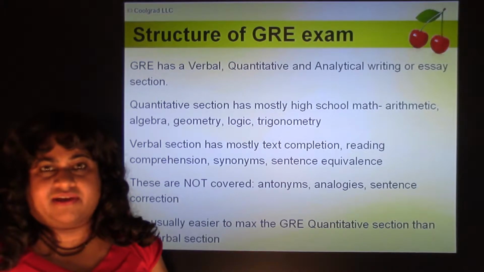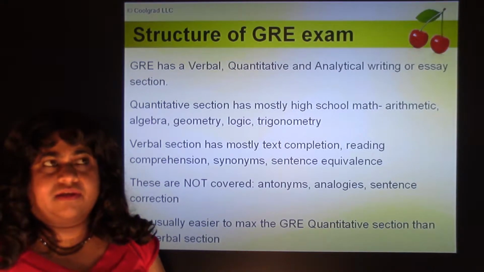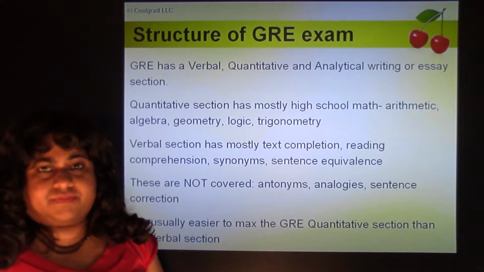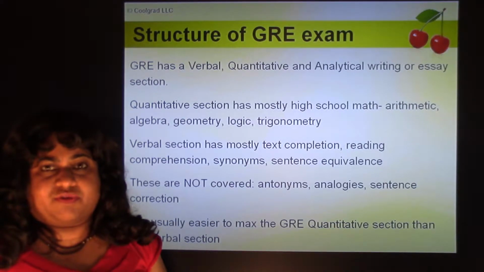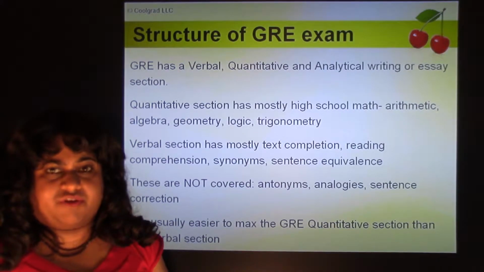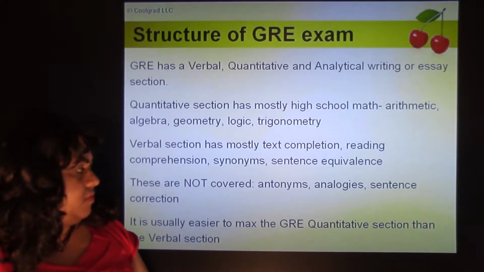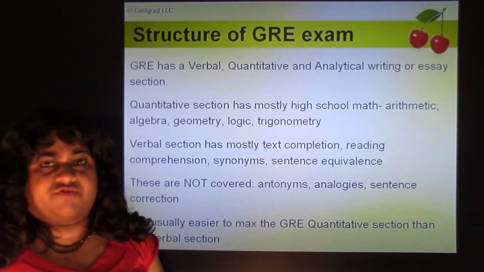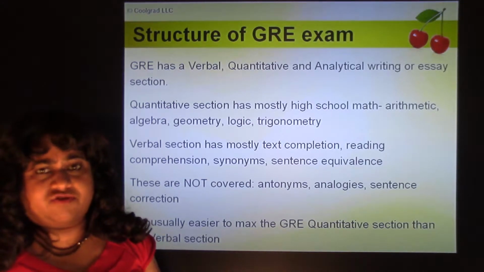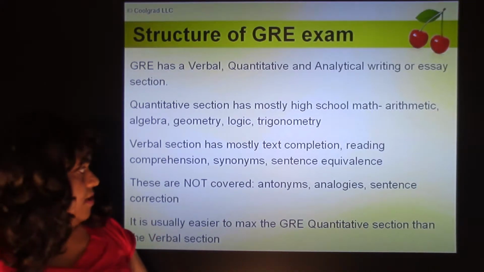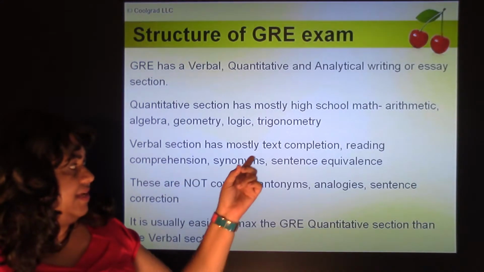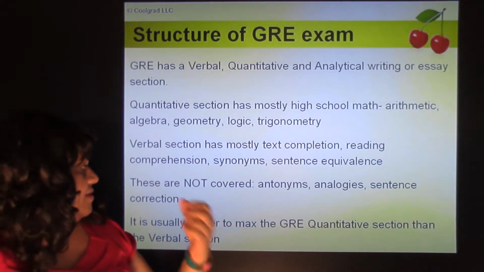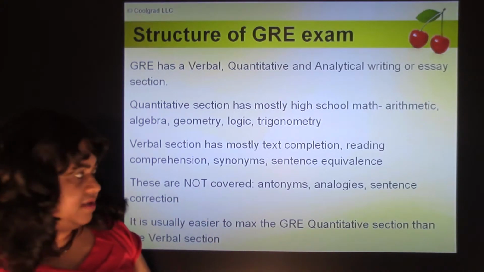You have to find the areas and the ratios of the areas, and triangles and rhombuses and different types of quadrilaterals and two-dimensional and three-dimensional figures. You don't really need to know calculus or advanced partial differential equations to excel in the GRE quant section. The verbal section has mostly text completion, reading comprehension, synonyms, sentence equivalence, these kinds of questions.